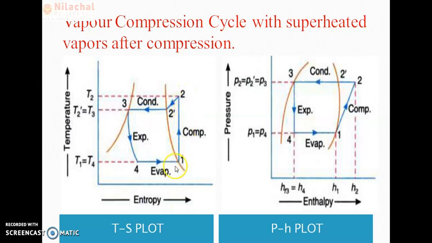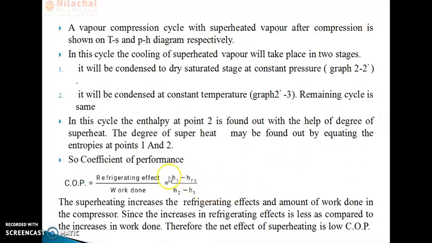So the COP is equal to the refrigerating effect, that is H1 minus H4, divided by H2 minus H1. As earlier, you observe hf3 is equal to H4. Now you can modify the equation: COP is H1 minus hf3 divided by H2 minus H1.